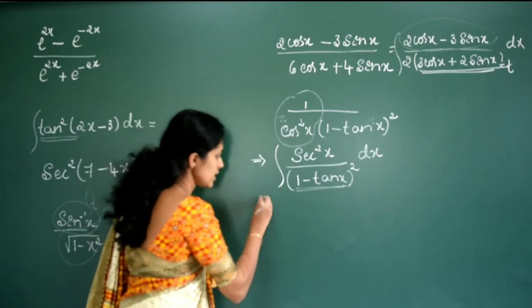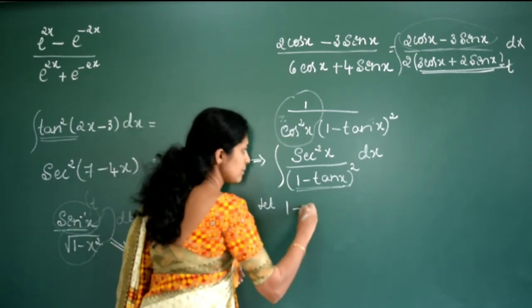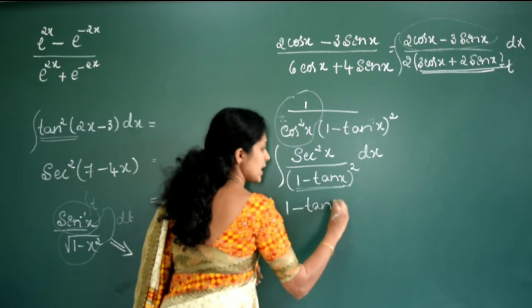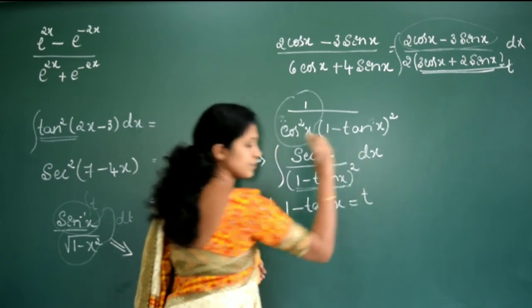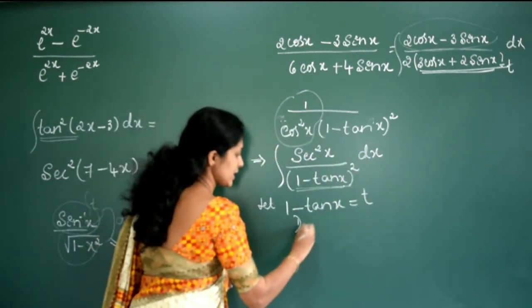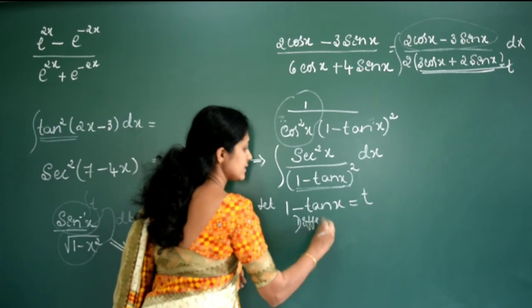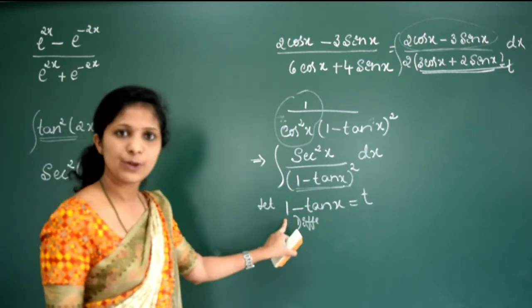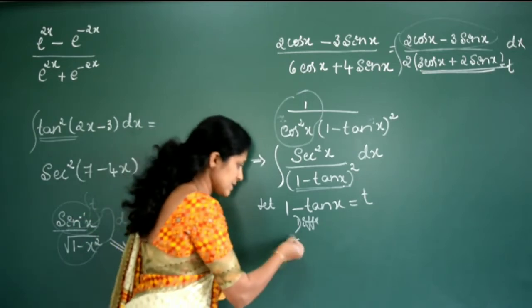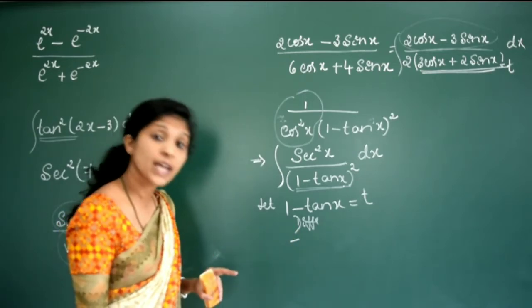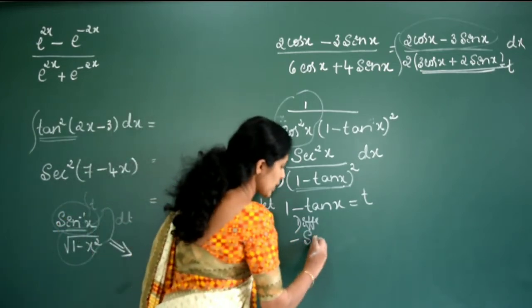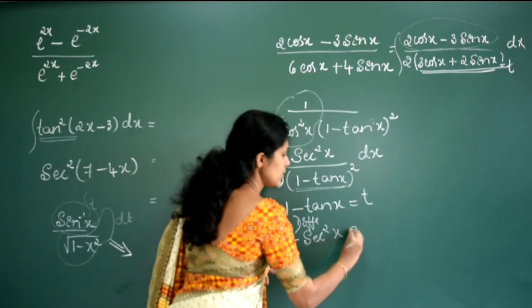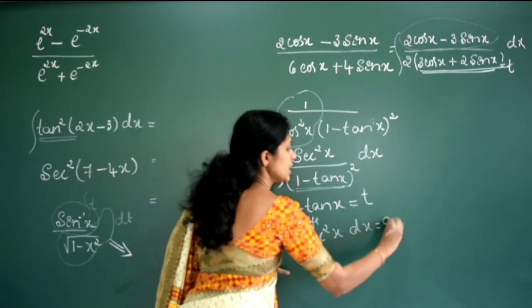We'll give the substitution. Let 1 minus tan x is equal to t. Differentiate. We are not integrating here. Remember, for the integration we are using the differentiation. So differentiate. Derivative of 1 will be 0, minus as it is, derivative of tan x will be secant square x into dx is equal to dt.